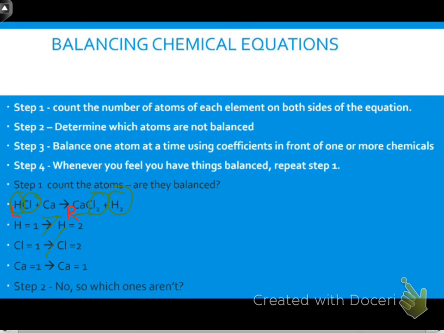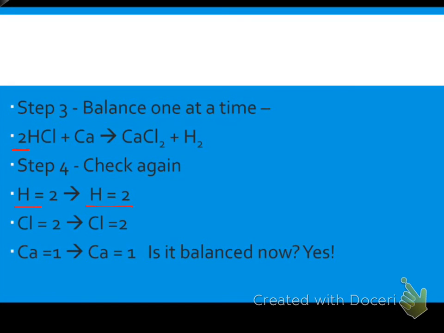So what are we going to do? Step 3 says balance 1 atom at a time using coefficients. What's a coefficient? It's the number in front. So here, we're going to put this number 2 right here.